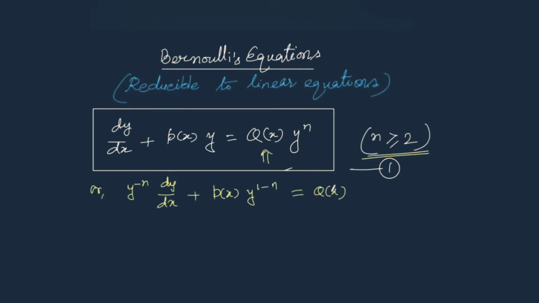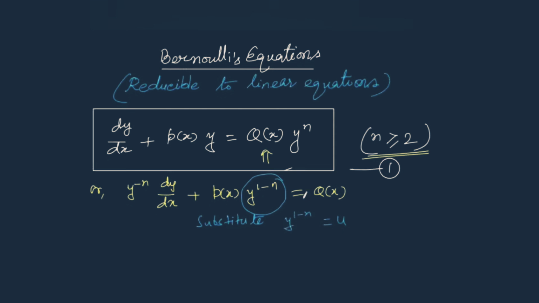Now, the second and important thing, we have to substitute this y^(1-n), or in other words, the coefficient of P(x). So y^(1-n) equals u.